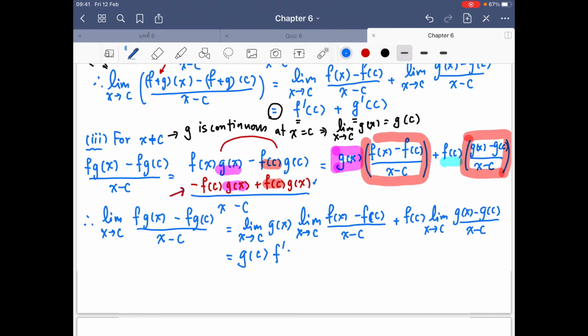This one is f prime at c, because this limit of the quotient exists. This is simply f(c) already. This one is g prime at c. So on the left-hand side, this is the derivative of the product of f and g at c, and the product is differentiable, and the value equals these two terms added together: g(c) f prime at c plus f(c) g prime at c.